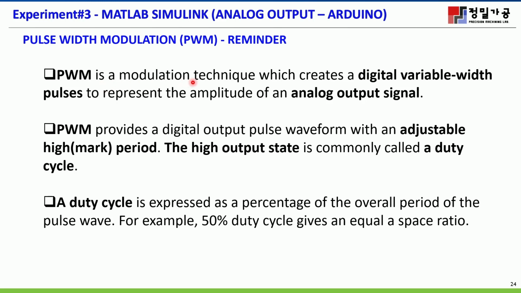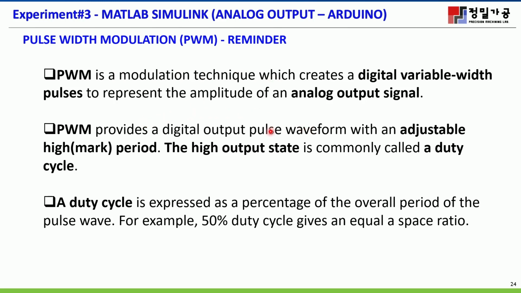I remind you that this is a technique to create some kind of analog output signal. For example, you want to drive a DC motor or RGB LED or anything, you can control them using pulse width modulation.